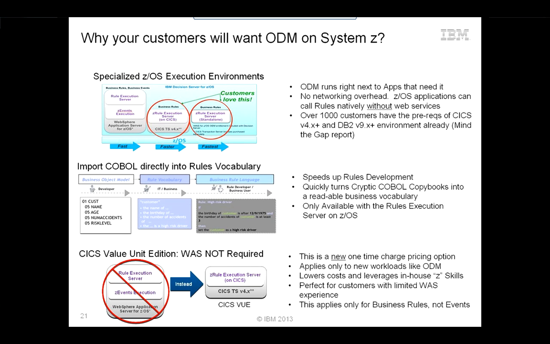We still have companies who need those rule capabilities, and their core skills are on Z. Supporting this is really helping us win some of these engagements, win some of the bids. I'm not going to necessarily go through this, but this is why.